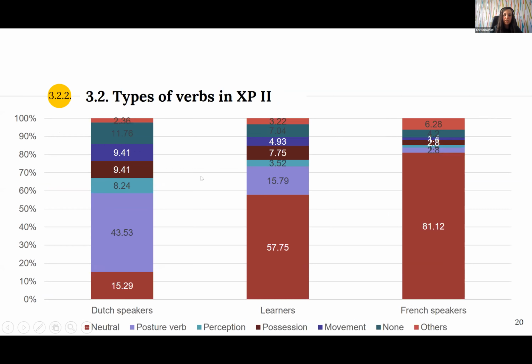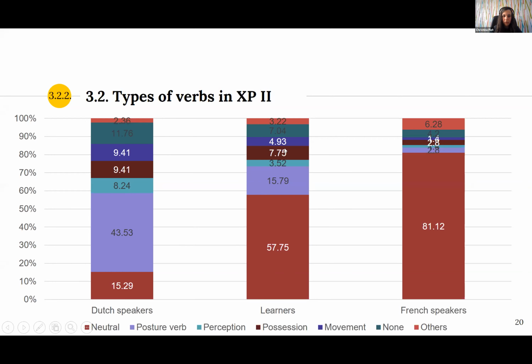And then in the second one, the location events, the differences are quite striking. In French, we use many neutral verbs, as we have seen. In Dutch, very few, and a lot of posture verbs. And learners seem to have many difficulties with posture verbs, as they only use them in 15% of cases, and they still use many neutral verbs.